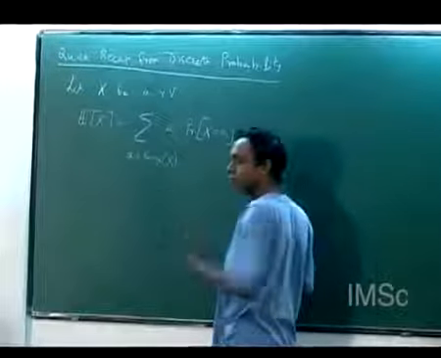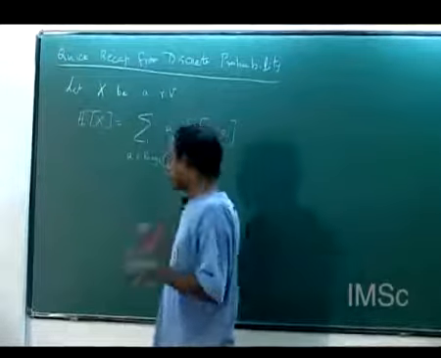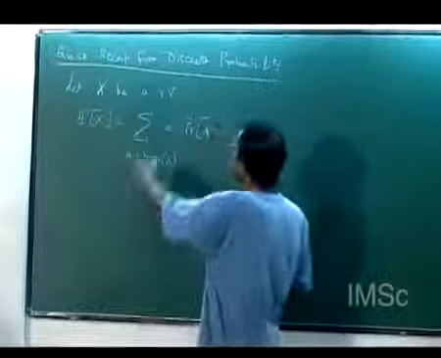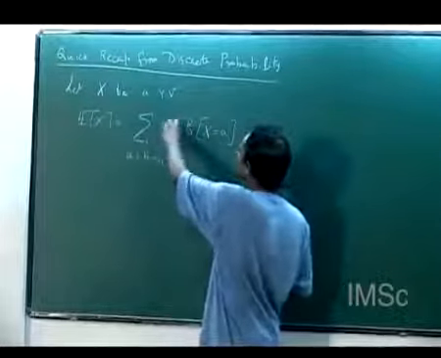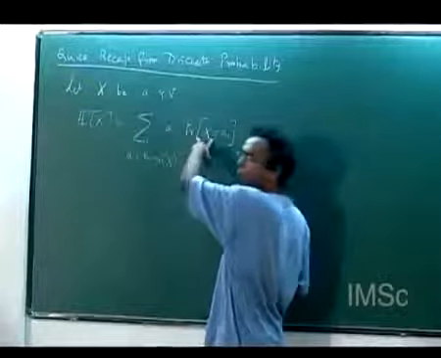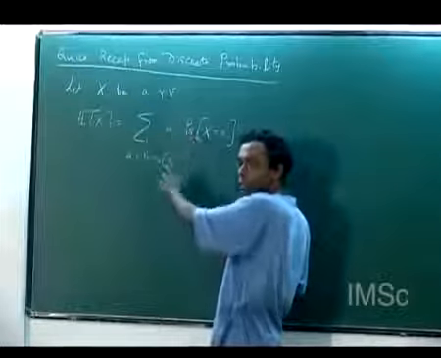So the range of x is numbers. This quantity just measures each number and the probability with which it comes; multiply that and add.